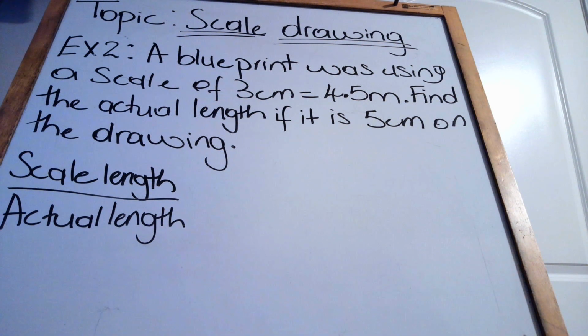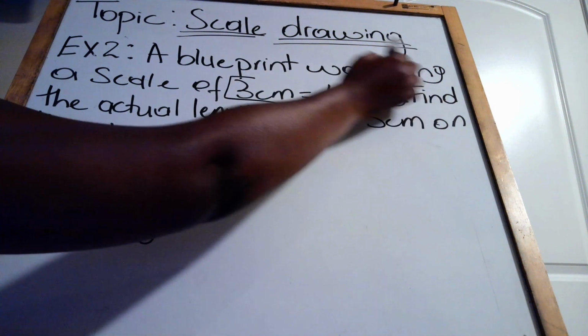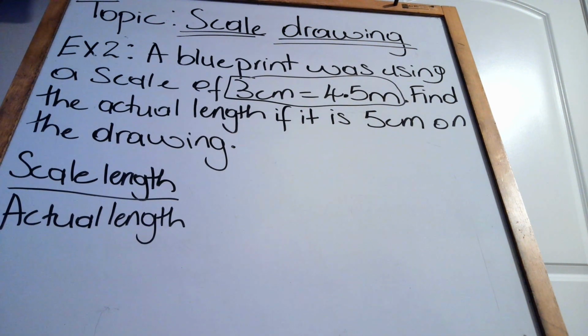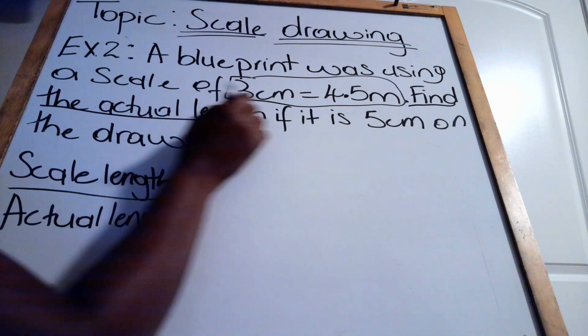Alright? So let's go through and circle the key information, the important information in the question. It says a blueprint was used in a scale of 3 centimeters equal 4.5 meters. That's the scale we're using. It says find the actual length.